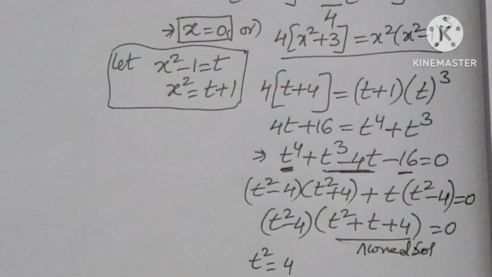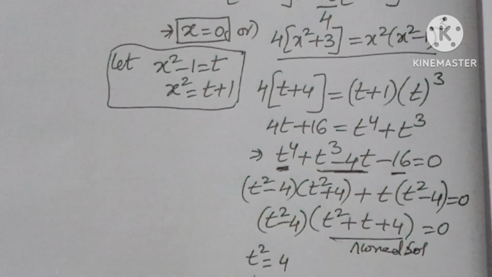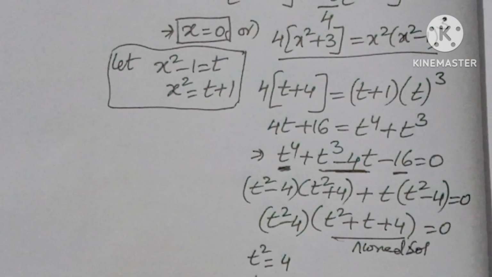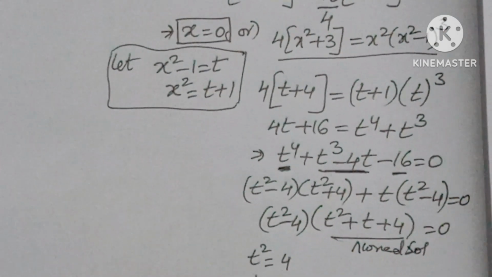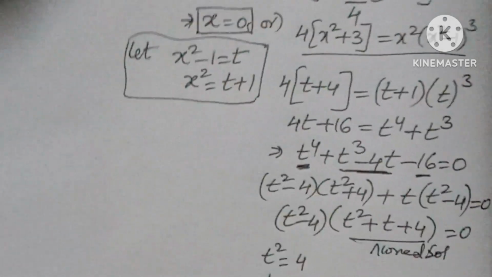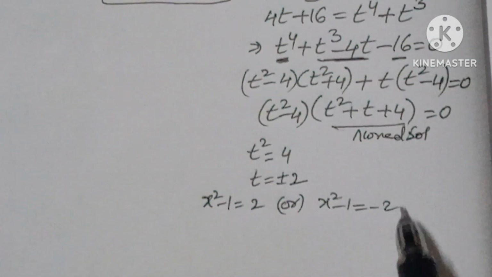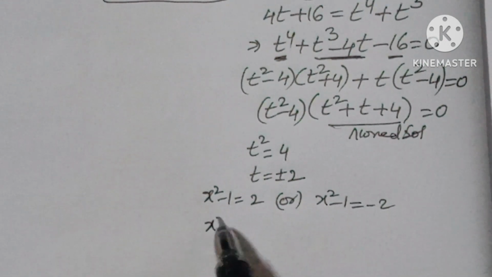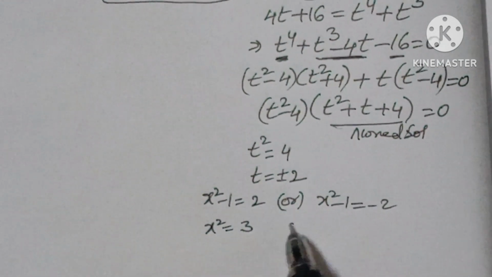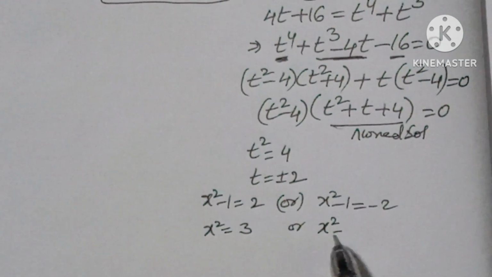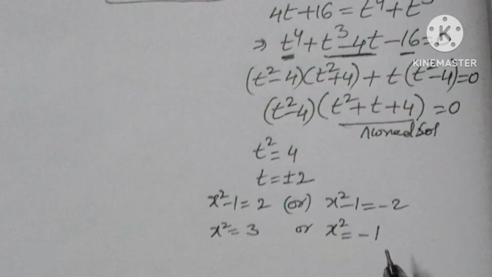So what is the t value? x squared minus 1 equal to 2, or x squared minus 1 is equal to minus 2. So x squared is equal to 3, or x squared is equal to minus 1.